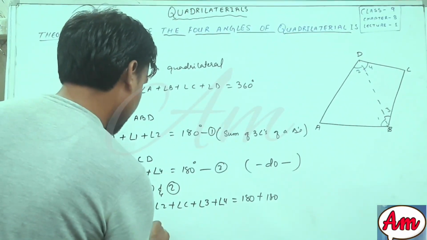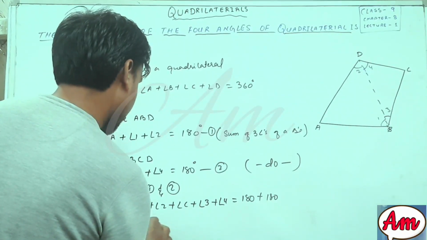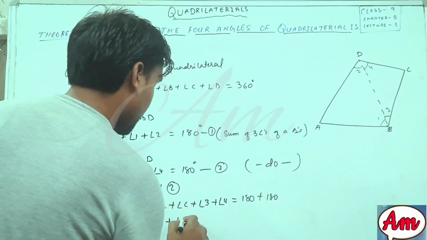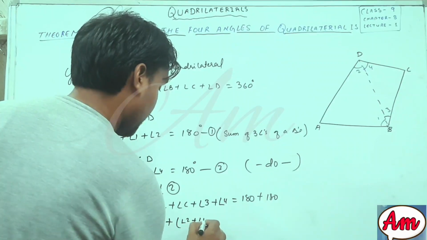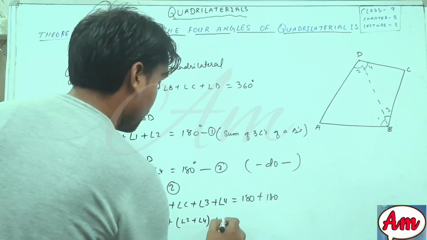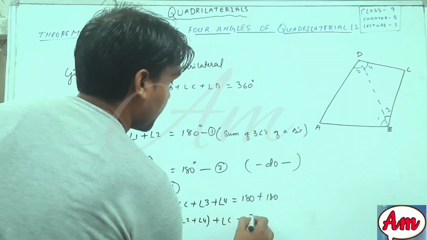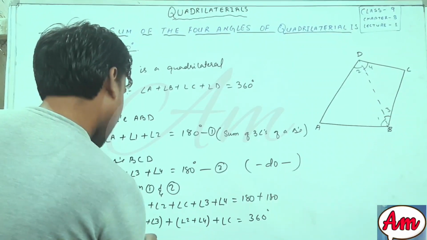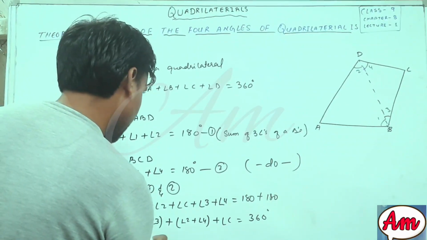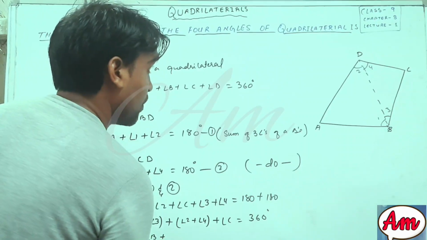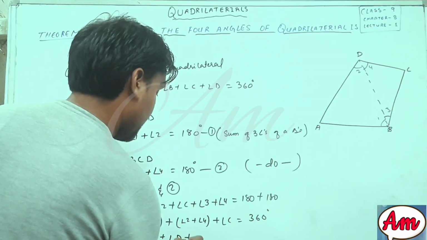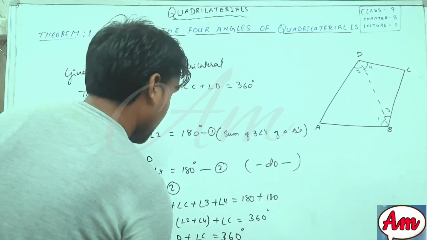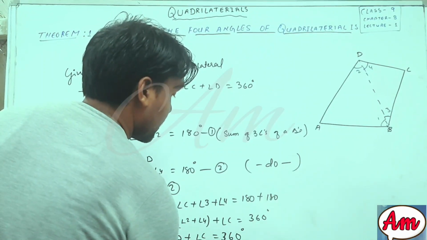It will give us angle B, and angle 2 plus angle 4 will give us angle D, and the right side gives us 360 degrees. So finally we get angle A, angle B, angle C, angle D equals 360. So we got it. We'll write here, hence proved.